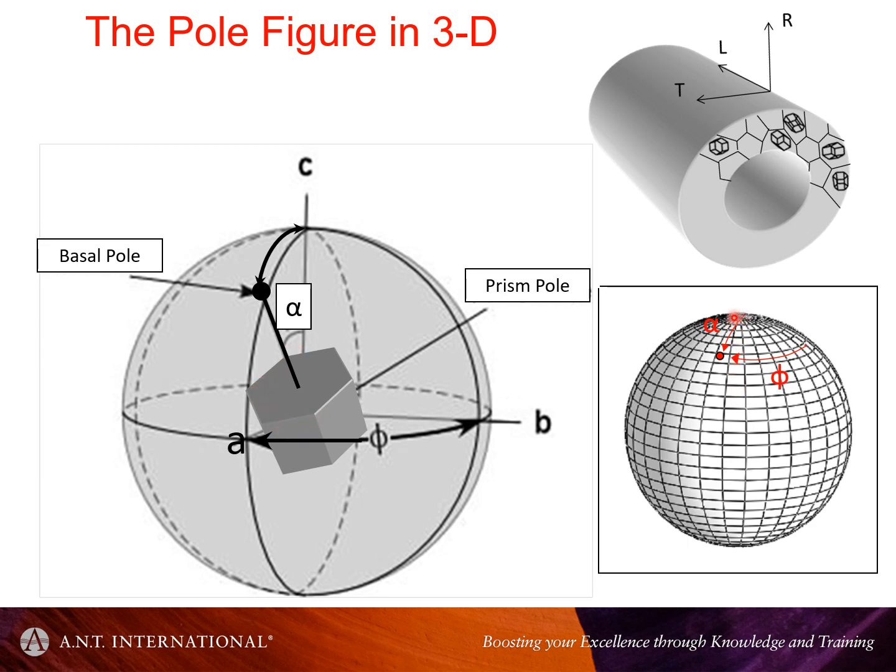And we define the orientation by alpha and phi here, so that if we put this onto a three-dimensional grid, we would apply a value to a grid element given by alpha and phi, which defines this orientation, and that would then be proportional to the volume fraction.